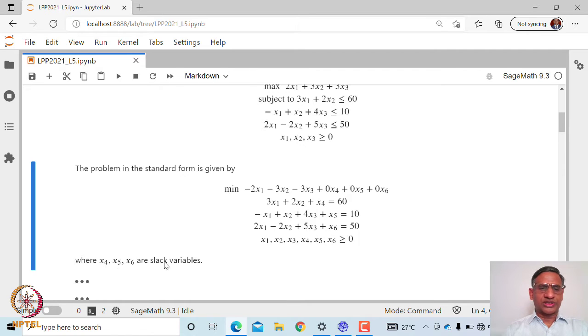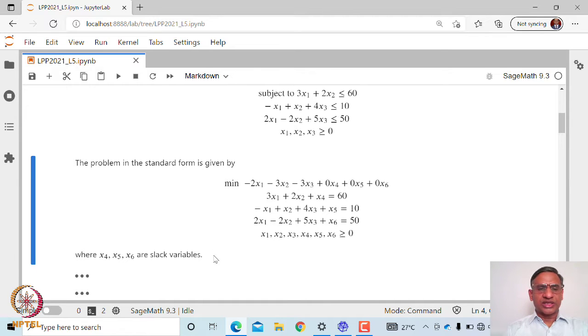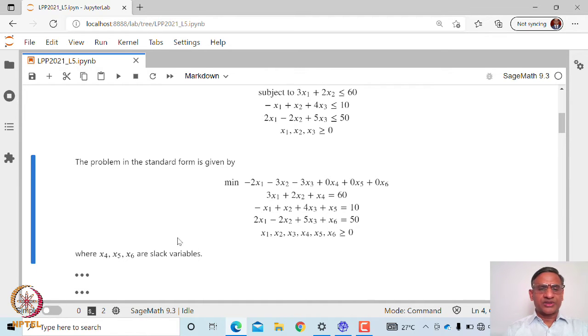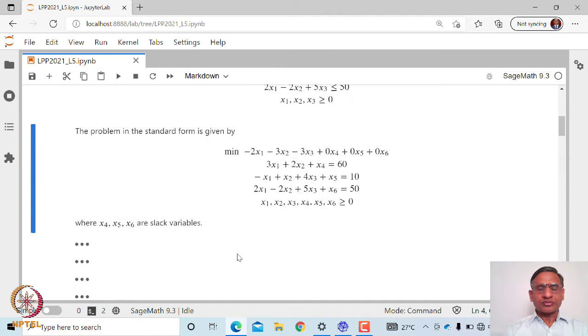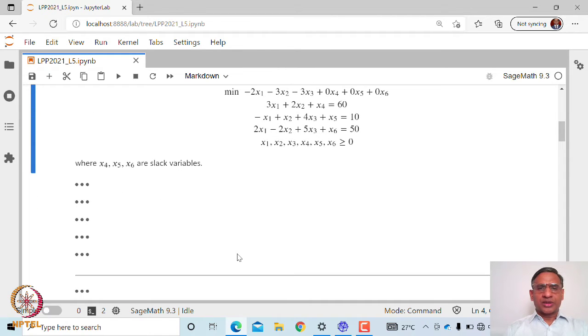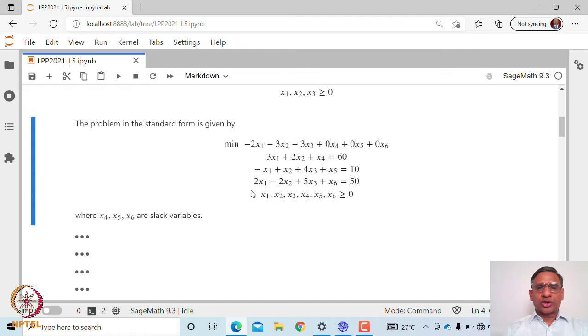These x1, x2, x3 are all design variables. Now we have introduced three more variables, x4, x5, x6, which are slack variables. Right. Now how we are going to solve this problem? So first thing we will create what is called initial simplex table.